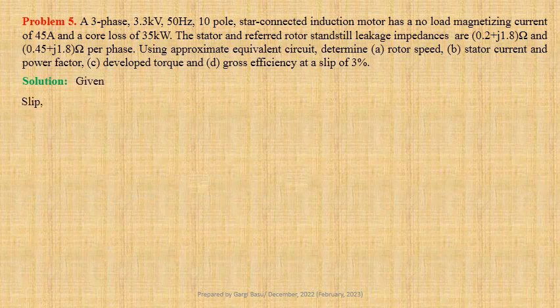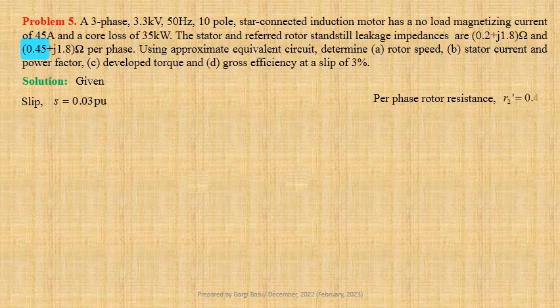Given slip S equals 0.03 per unit, per phase rotor resistance referred to stator side R2 dash equals 0.45 ohm. We have determined rotor current per phase referred to stator side I2 dash equals 121.9754 ampere.